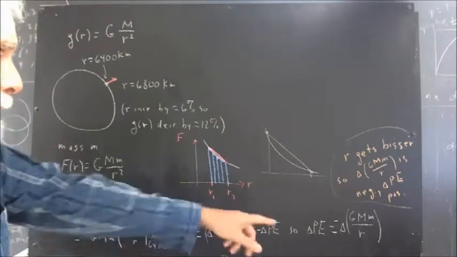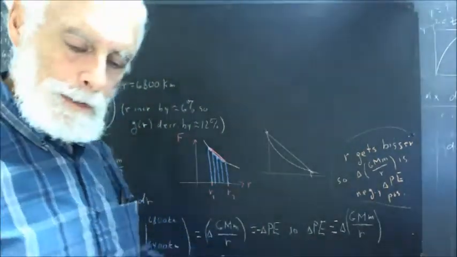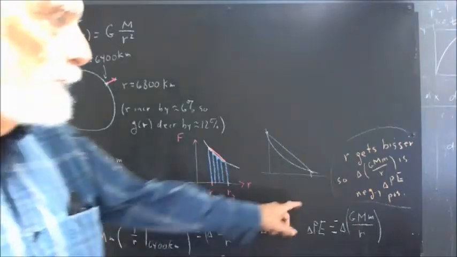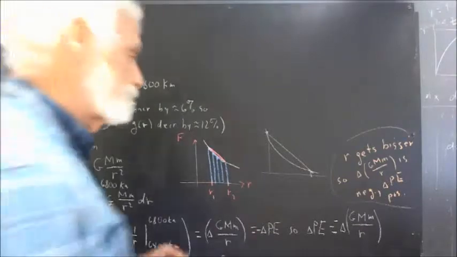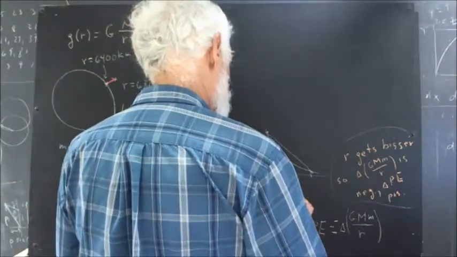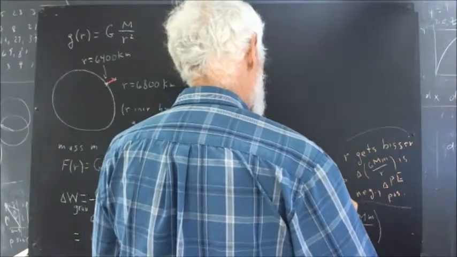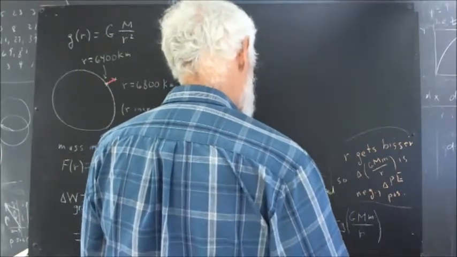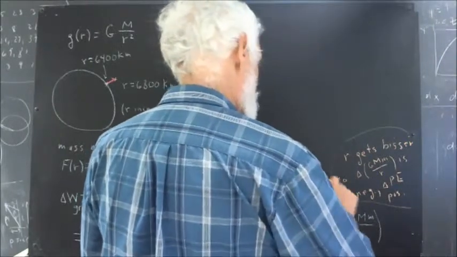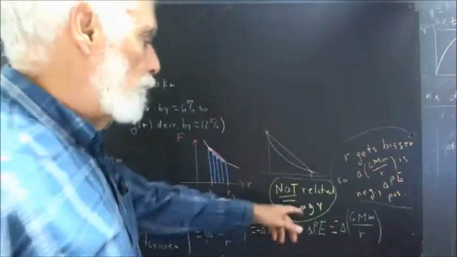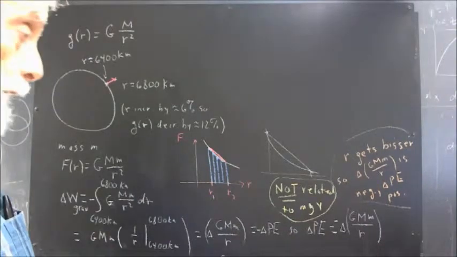Anyhow, so we have this expression for change in potential energy due to the Earth's gravity. Now, my big point is that it doesn't look anything like mgy, or mgh, which is the formula that's often given in a textbook for gravitational potential energy.